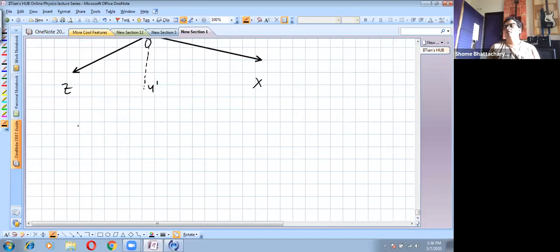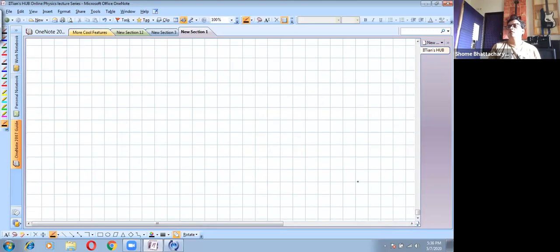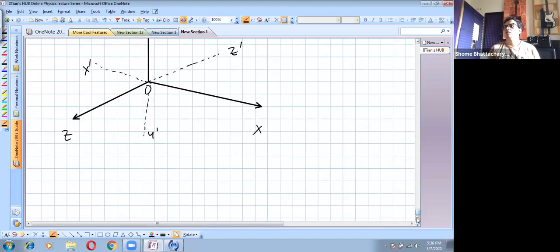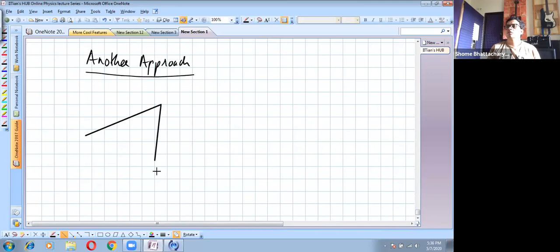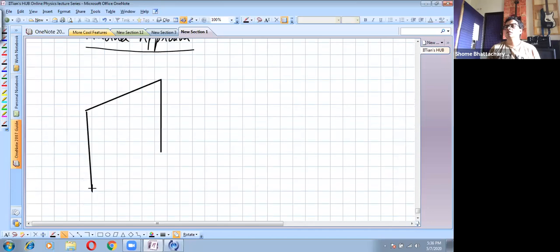Before we go on, let's see another way to understand this system. Another approach. For this approach, what we do is first consider a cuboidal box or a cuboidal frame. Let's say you use matchsticks to form it.